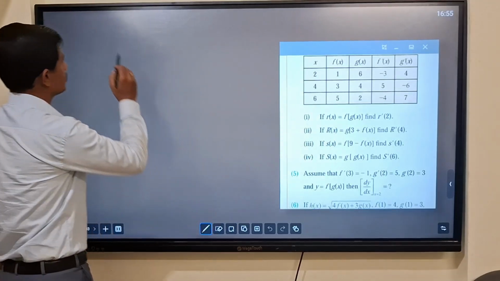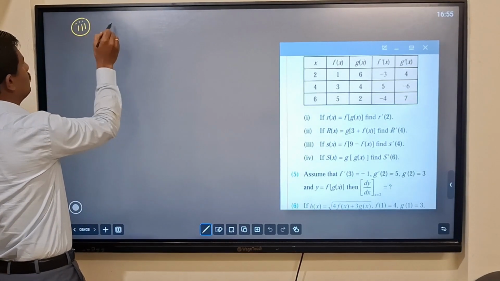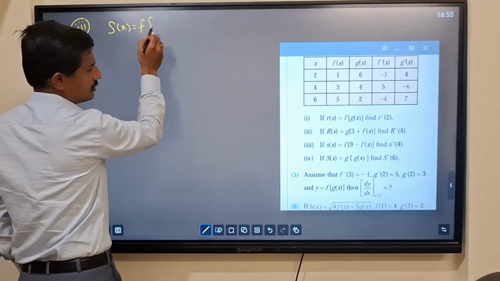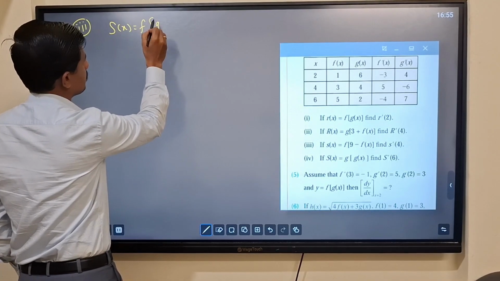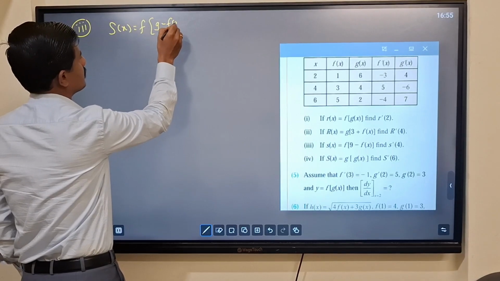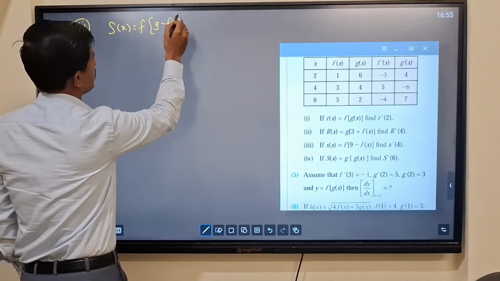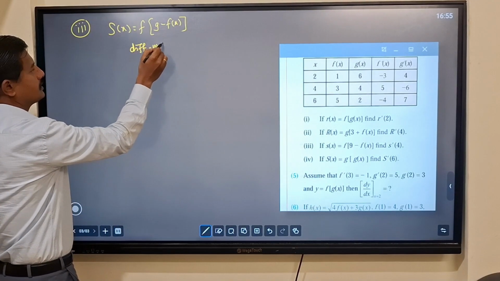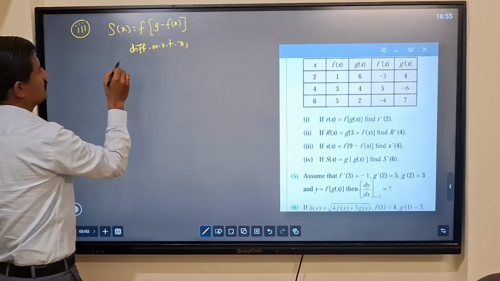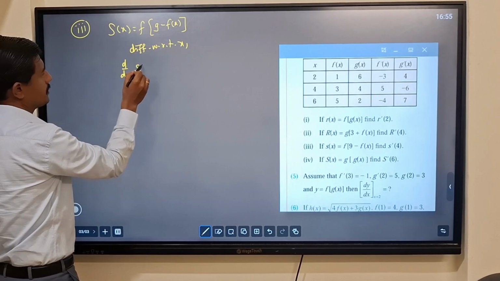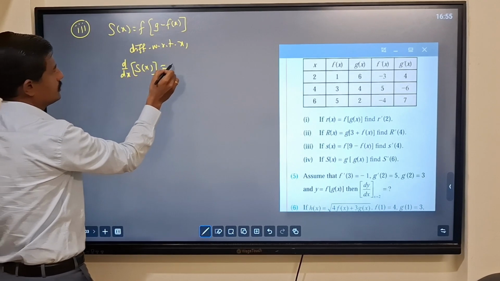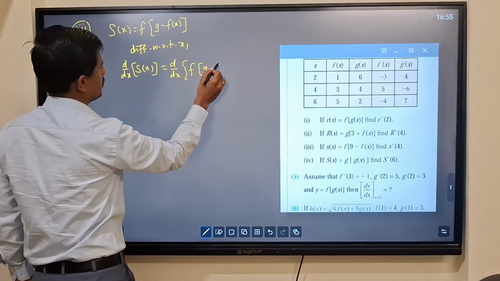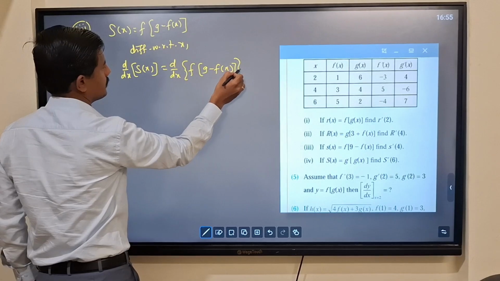Okay. Now next. s of x is equal to f of 9 minus f of x, and find s prime of 4. So differentiate with respect to x. So d/dx of s of x is equal to d/dx of f of 9 minus f of x.